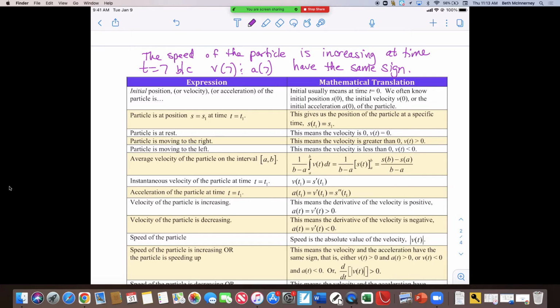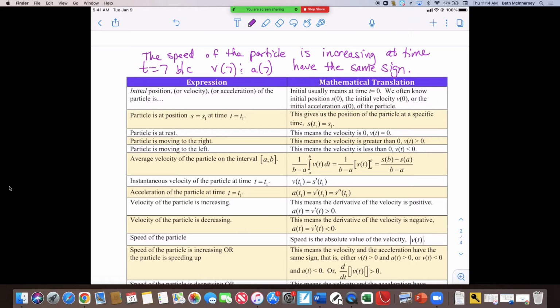Particle is at position s equals s sub 1 at time t equals t sub 1. Particle at rest means the velocity is 0. Particle moves to the right when the velocity is positive. Particle moves left when the velocity is negative.